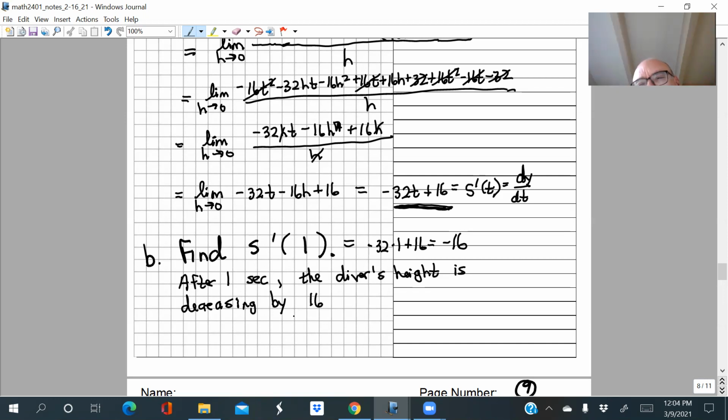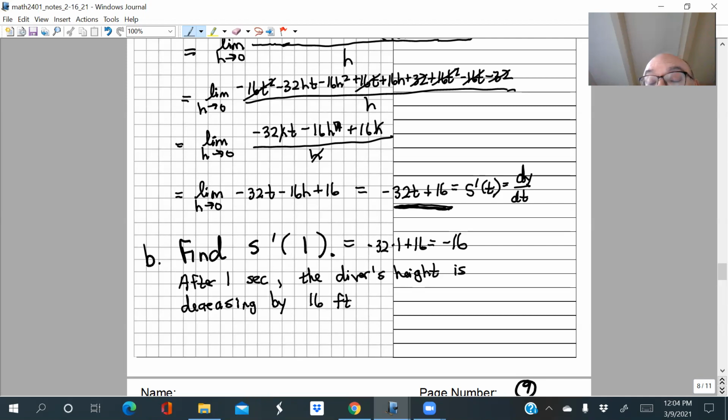We need a unit of measure. Do you remember what the height was measured in originally? Inches doesn't make sense, right? So 16 feet, yes.